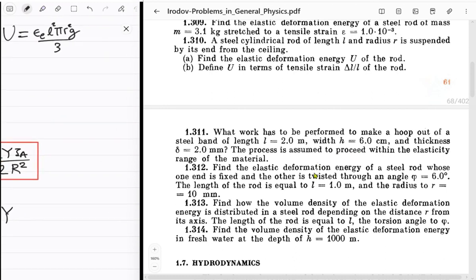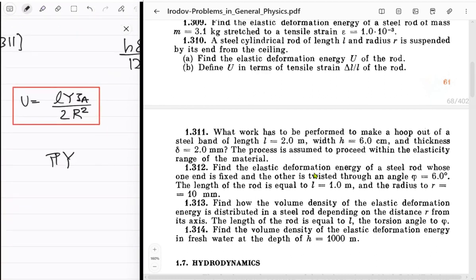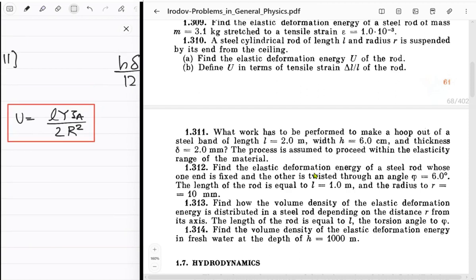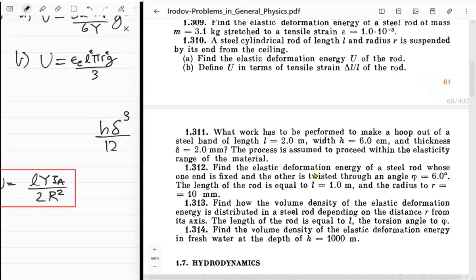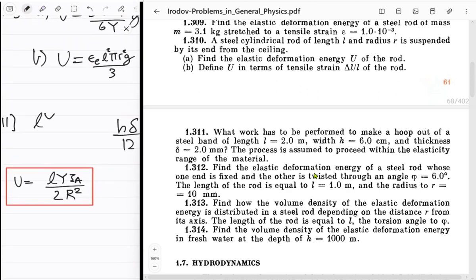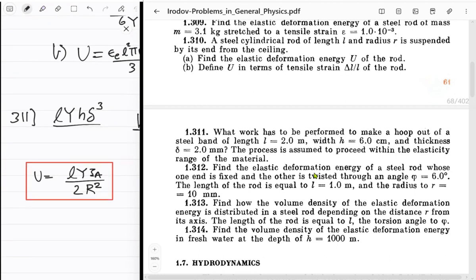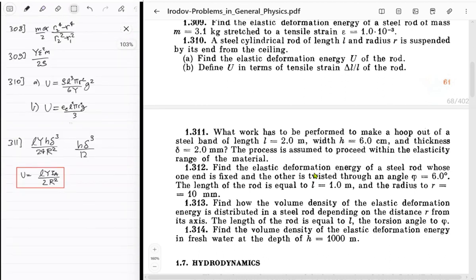So in this case, you would just have h del, okay, del cube upon 12 as our IA value. Just put that in there. You get the thing. So it is L Young's modulus h del cubed upon 24R squared. Right, that's our answer, I think. Okay, this is the formula that we use to get this answer.